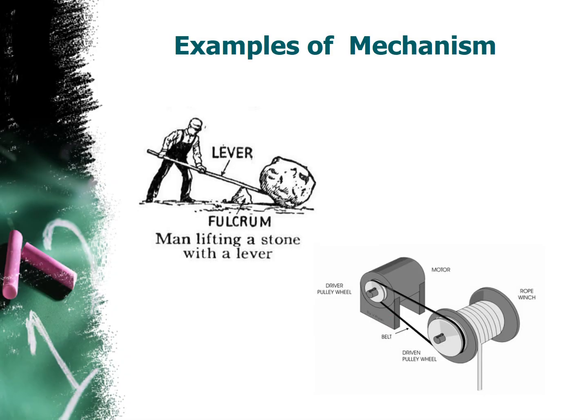To further explain what a mechanism is, let us look at some examples. If you look at this picture down here, which is a person trying to lift a heavy rock, this person puts in some form of movement, and this is where the input movement is.